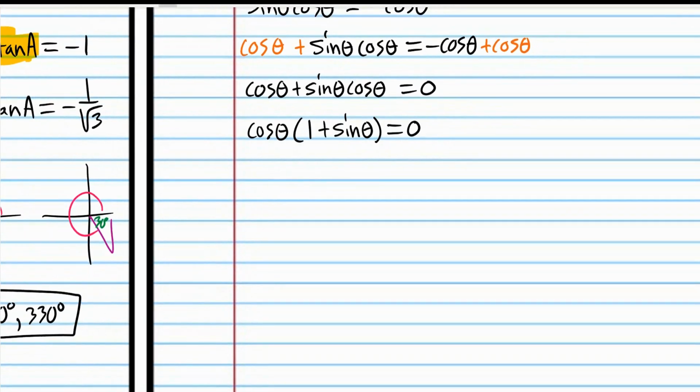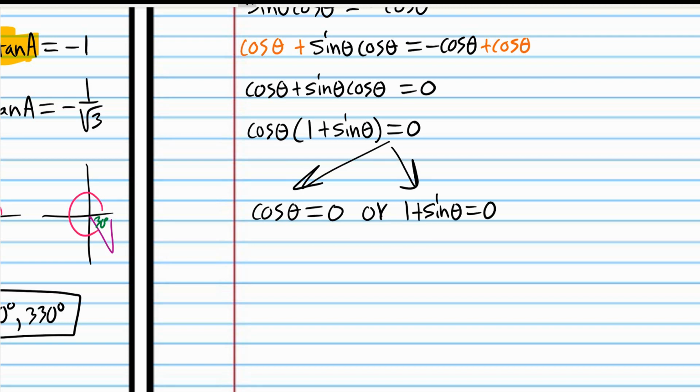And because we have a product that's equal to 0, that means one term in the product must be equal to 0, or the other term in the product must be equal to 0.